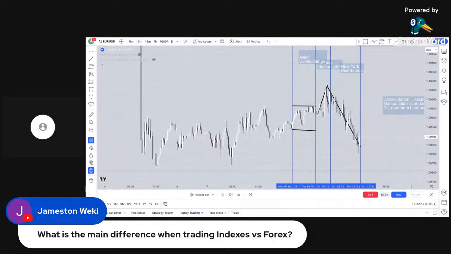Another good question: depending on where you live, indices might be banned where you're at. So you might have to trade a forex equivalent to an indices. You might see people say trade Nas 100 versus NQ, which is what I trade.